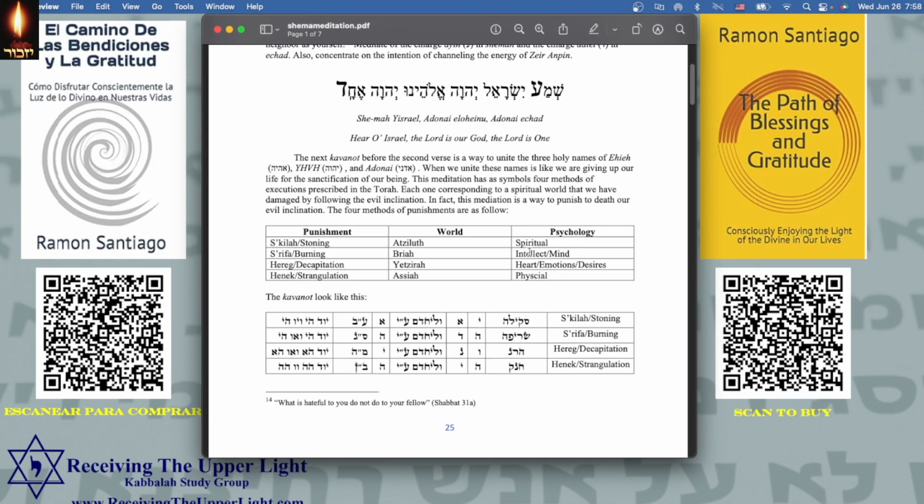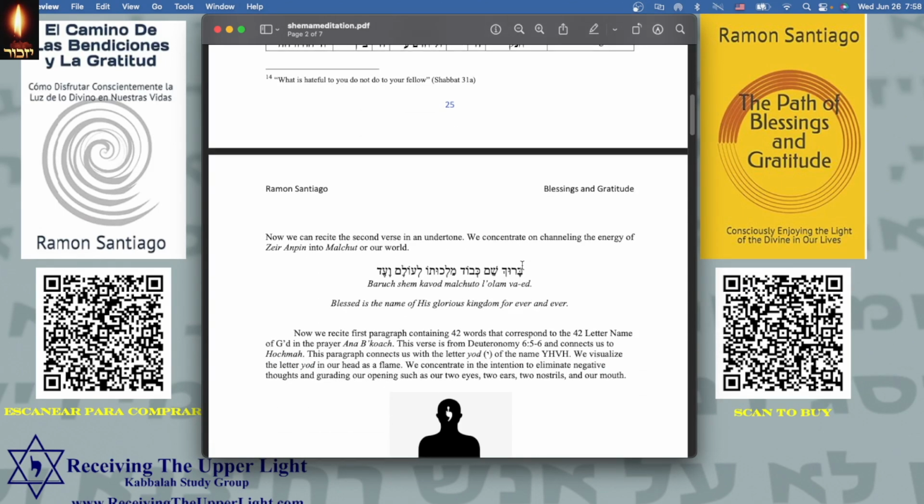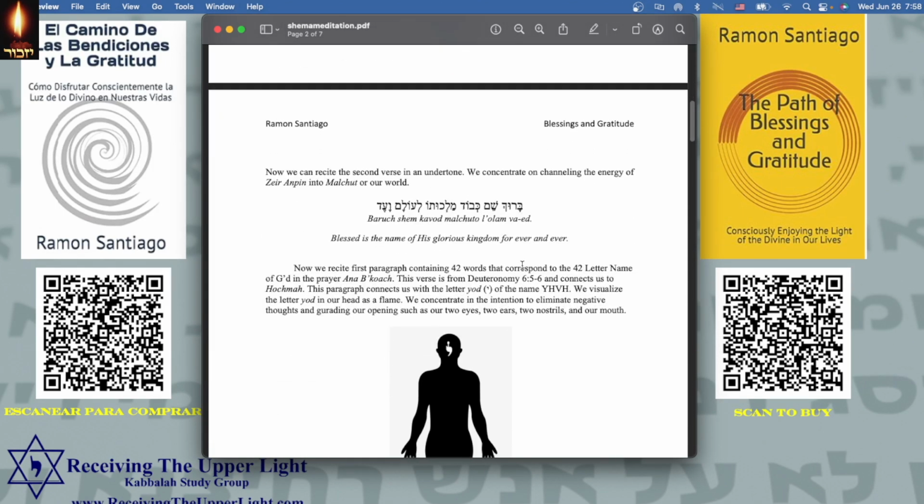And in that way, we are healing our physical, emotional, intellect and spiritual levels. And then after we have that intention of killing the evil inclination in ourselves, we're trying not to be egoistic creatures. Now we are a vessel of receiving for the sake of the Creator.